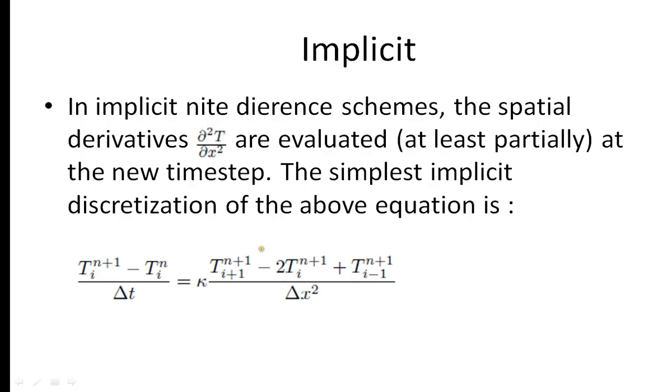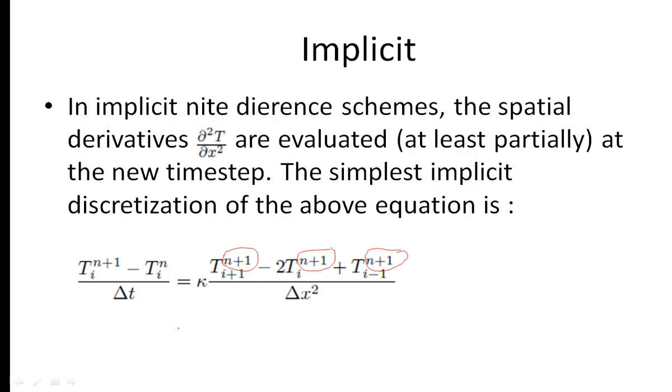In the explicit method, all the temperatures were at time step n. But in the implicit method, all the temperatures should be at the new time step, that means the future time step, right? So this is the implicit finite difference method.